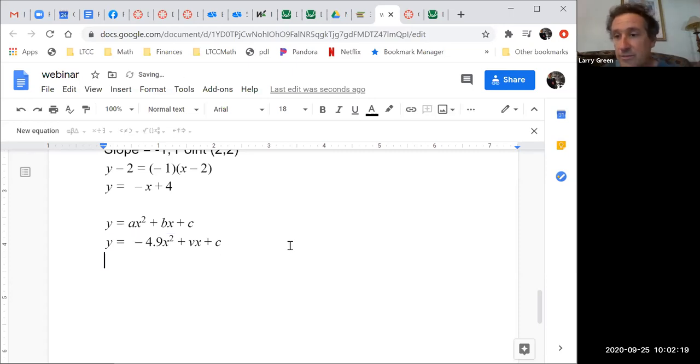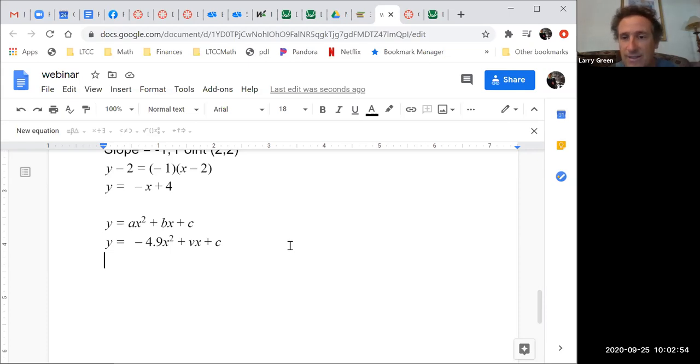Any questions so far? Okay, so we could do a few things. One is we can say, well, how fast is it moving? So how do you find out how fast this guy is moving? Take a derivative, okay? Because the derivative is the velocity.